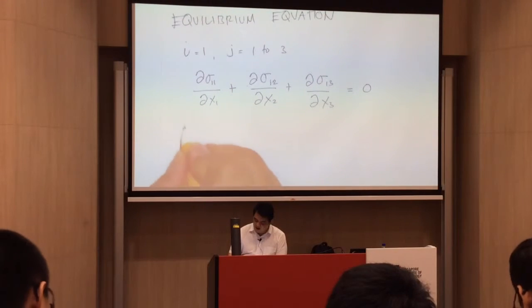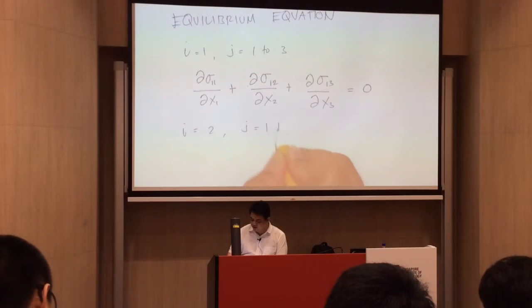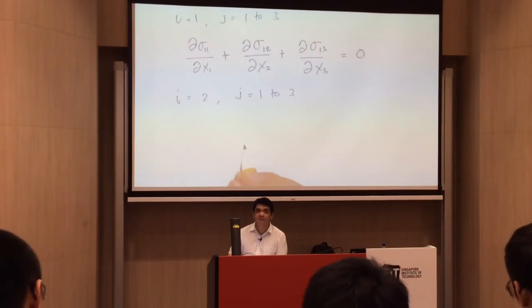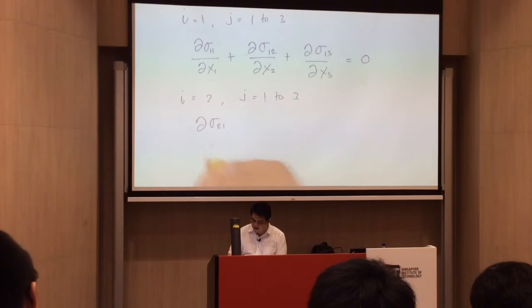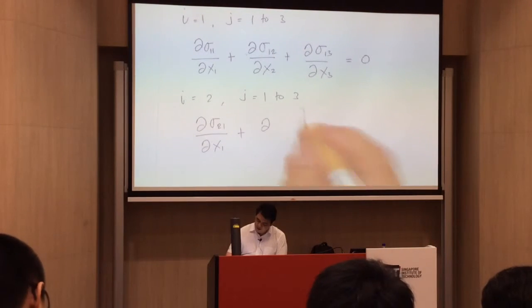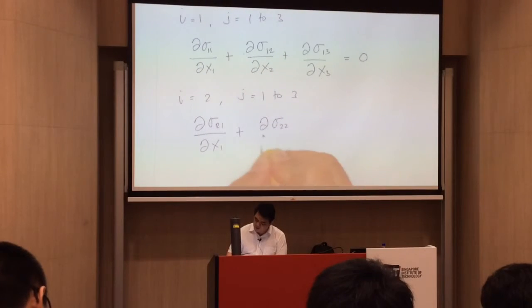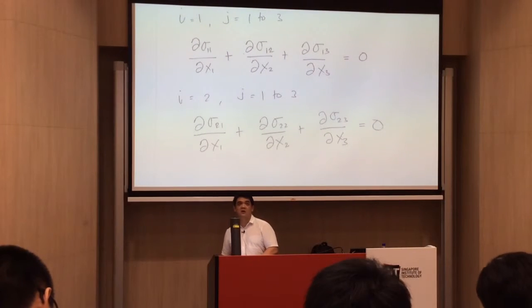Now, if we have i equal to 2, and then j from 1 to 3, it's the same. We end up with partial sigma 2,1 with respect to x1, plus partial sigma 2,2 with respect to x2, plus partial sigma 2,3 with respect to x3, equal to 0.